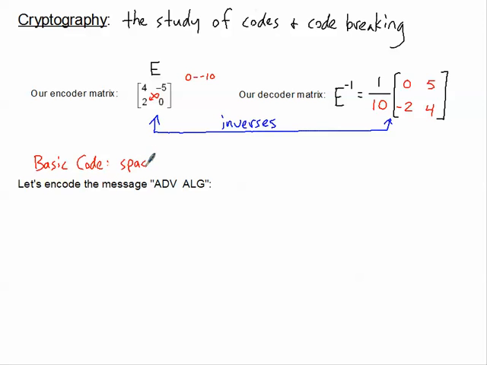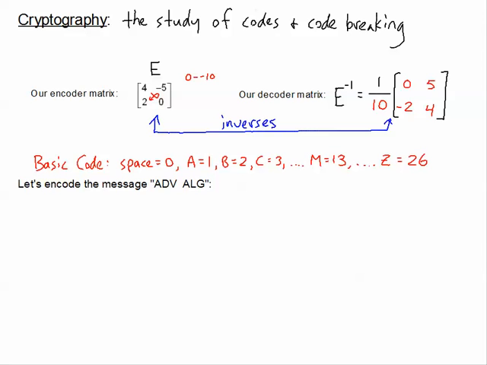If we want to use a space, we might assign that to a 0, and A, since it's the first letter, would be 1, and B would be the second letter, so 2, and C is 3, and M would be equal to 13, down to Z, which would be equal to 26. So this will be the basic code that we use, so 0 through 26. If you want to use a period or an exclamation point or even quotation marks, you can assign different numbers to them. But this is just our basic code, and we'll go ahead and use that.